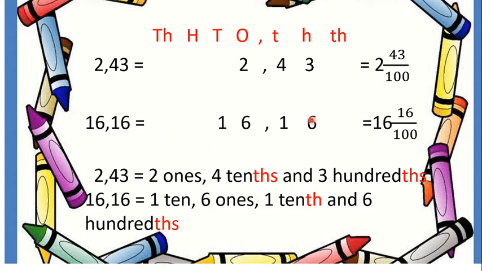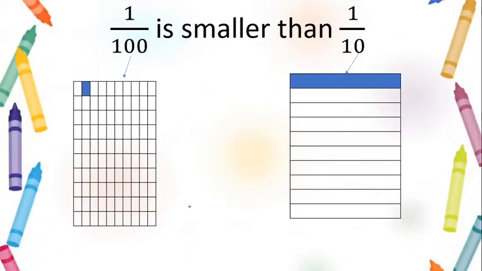My last digit has the place value hundredths, so my denominator must be 100. 16 is my whole number, and 16 hundredths. 2,43 equals 2 ones, 4 tenths, remember it's a THS, and 3 hundredths. 16,16 equals 1 ten, 6 ones, 1 tenth, and 6 hundredths.